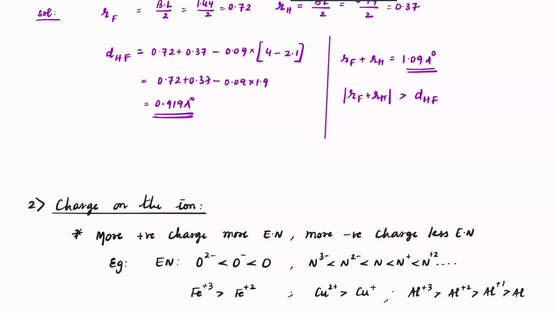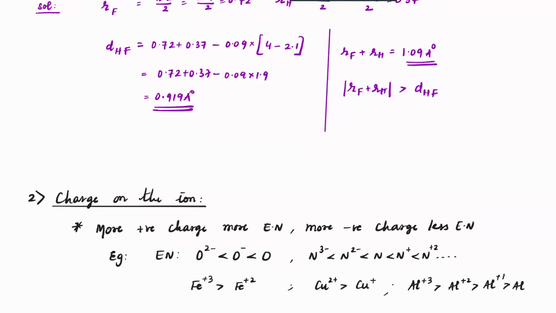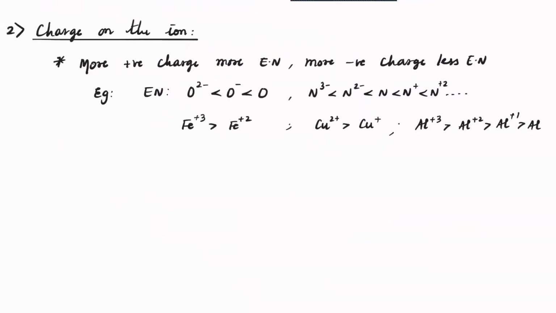The next application of electronegativity is to check the charge of ions. If more and more negative charge is accumulated, electronegativity will decrease because it already has extra electrons.